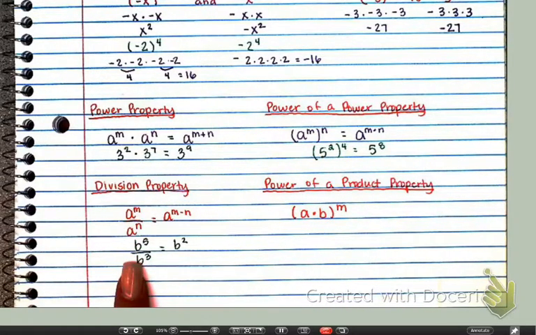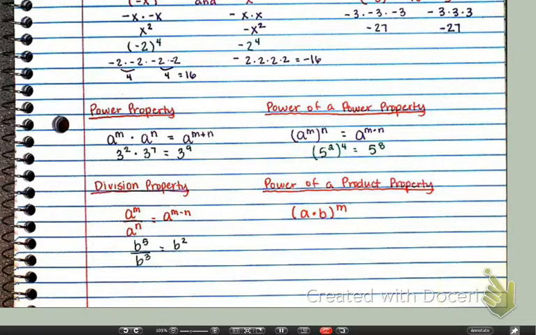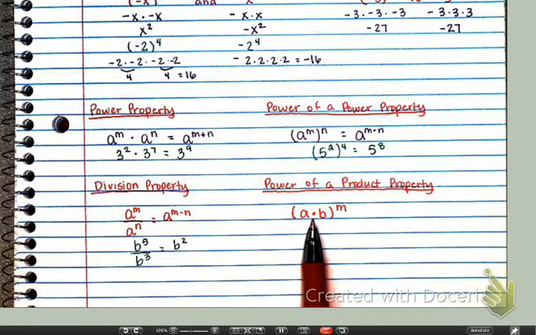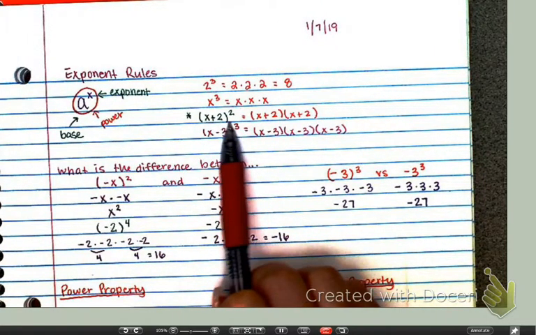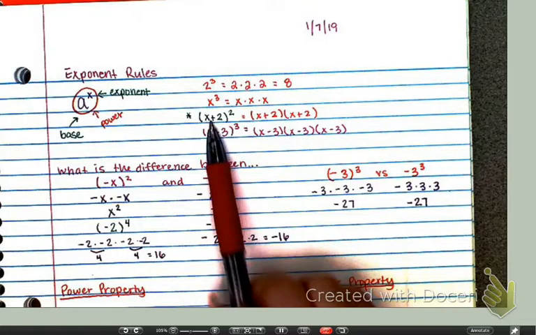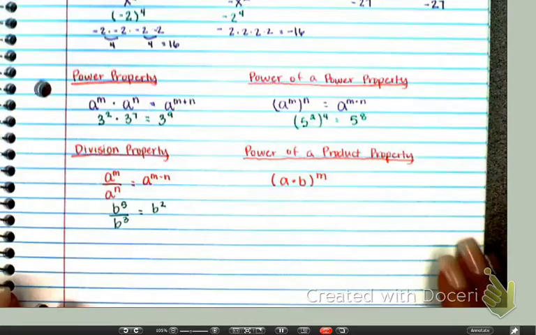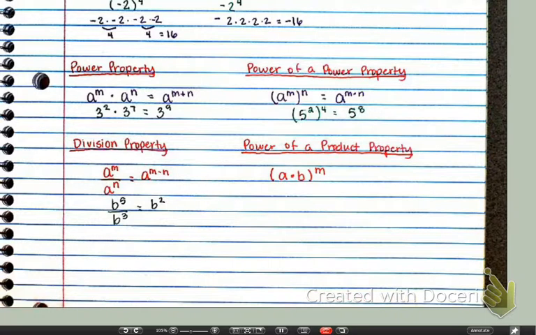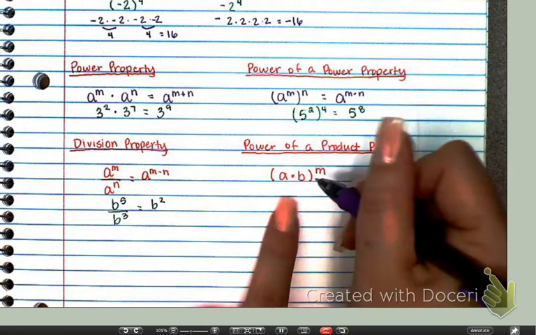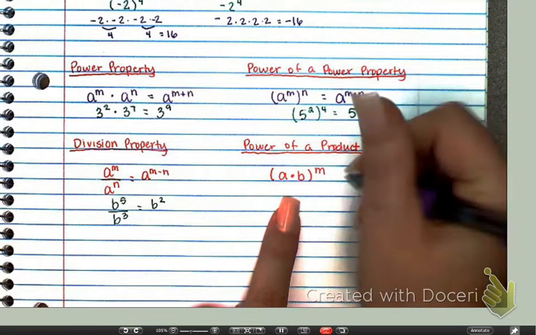Agreed? Okay. So when you have 2 different bases and you are multiplying, because up here, remember, we were adding and I said you are not allowed to distribute in that 2, because when you add and subtract, you are not allowed to do that. So if you are multiplying and there's 2 different bases, you are going to attach this exponent to both bases.